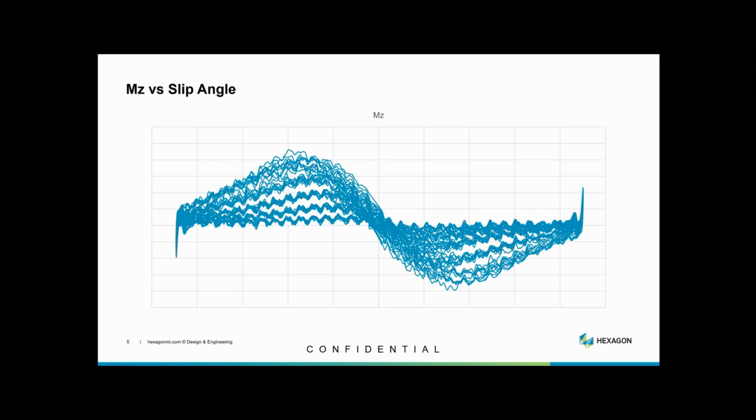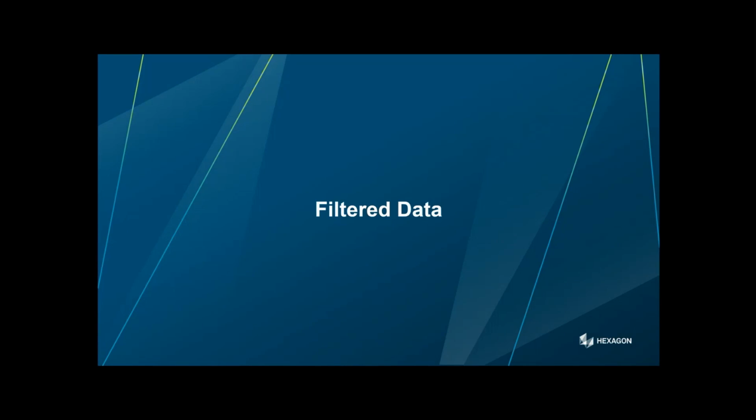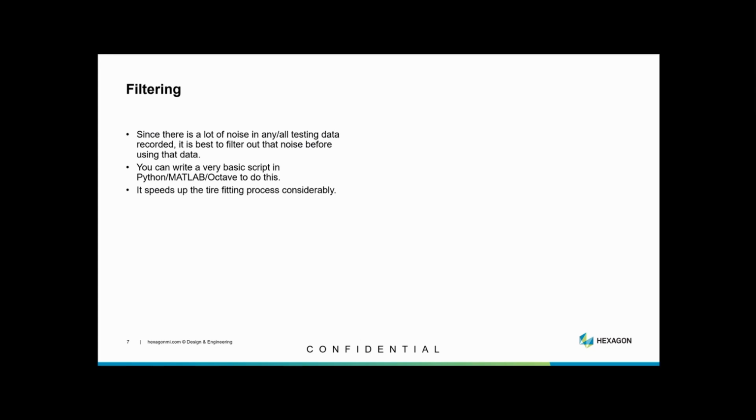So what you can do is filter this data, and it's very simple. It took me a few hours to write it back when I was part of the team. All you do is you can use Python, you can use MATLAB, you can use Octave. All of these software have either built-in features, or you can use existing code and just filter your data.